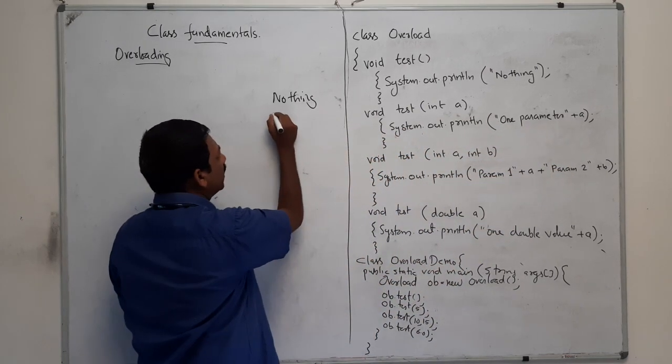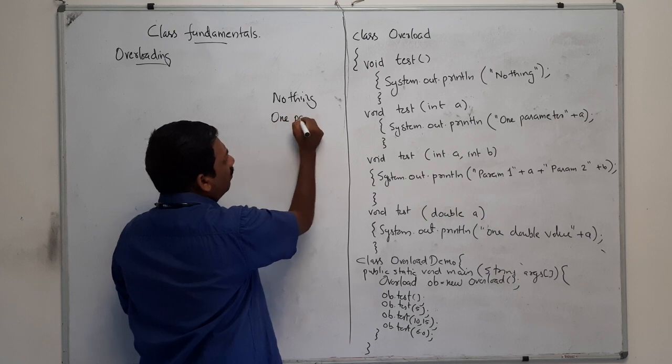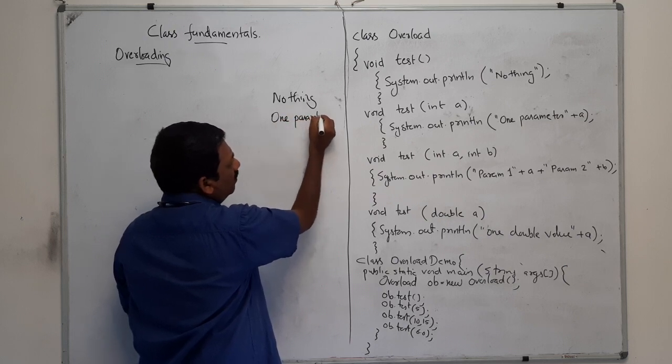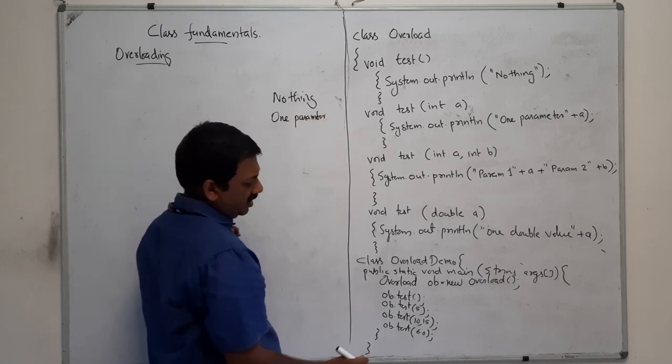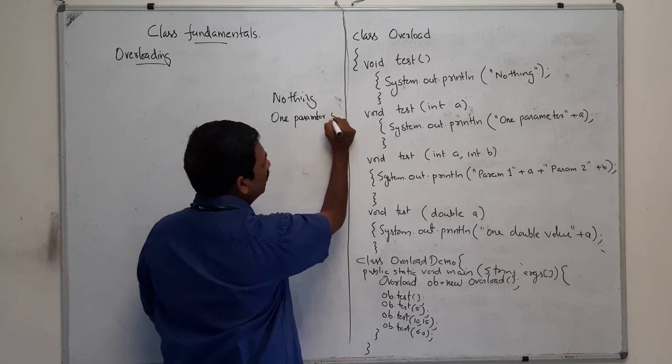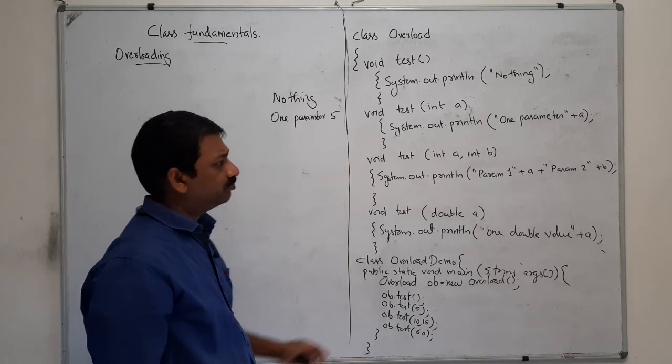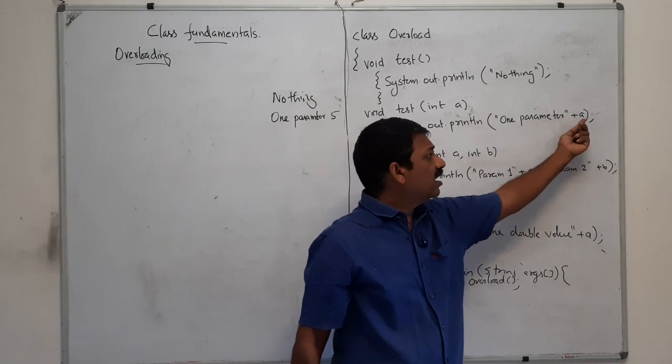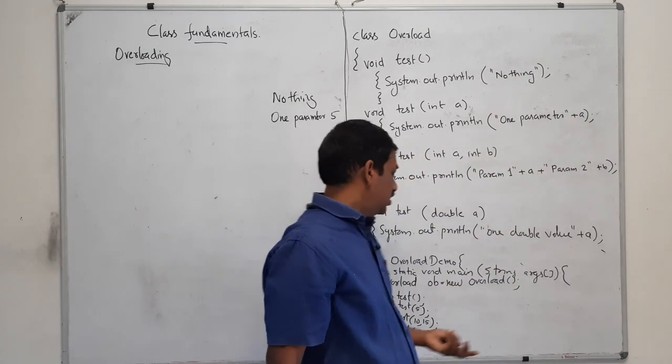It will display "one parameter" and that parameter, 5.